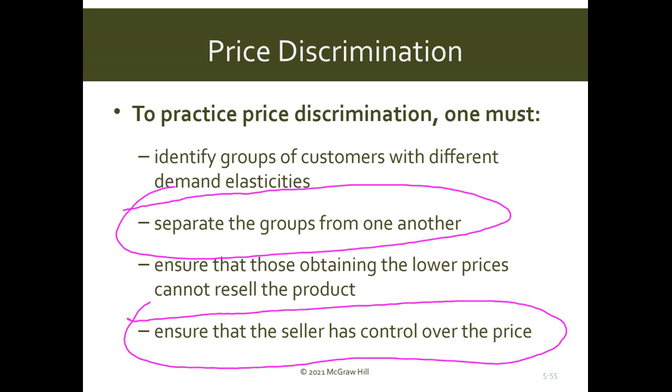Why? You have to show your university ID. If you show your university ID, that shows that you are a student and you get a concessional pass. So if a monopolist or producer or seller wants to price discriminate, that seller should be able to separate the groups from one another. This is the second condition. If you have all similar customers, you can't separate, and you can't charge different prices.